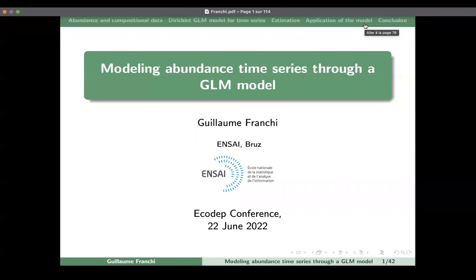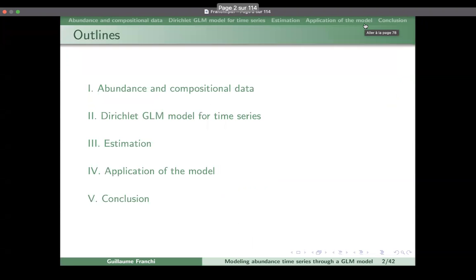So my name is Guillaume Franchi. I am a PhD student at INSA in Rennes since last October, actually. And today I'm going to present my work about the modeling of abundance time series in ecology. I will begin with some reminders about abundance and compositional data.